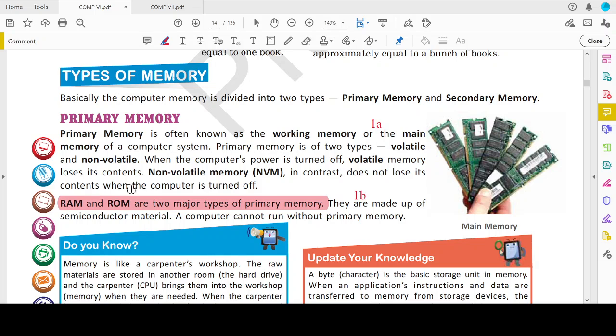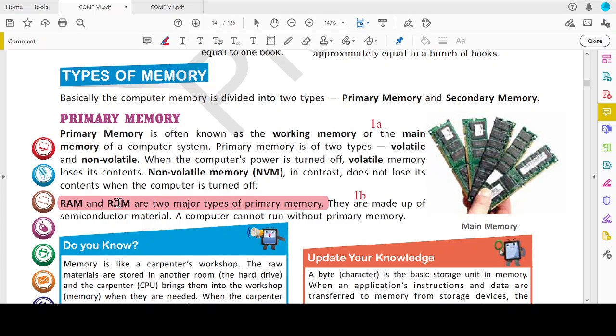RAM is a temporary kind of memory, but ROM is a permanent kind of primary memory. Not all primary memories are temporary in nature. If you are using a ROM, it is not temporary in nature. If you are using a RAM, it is temporary in nature.